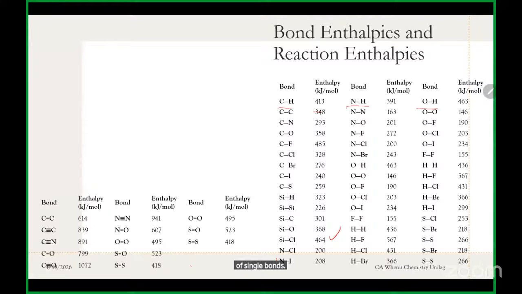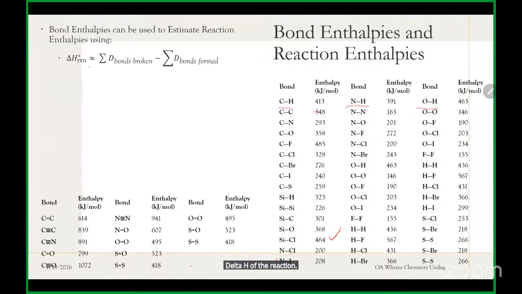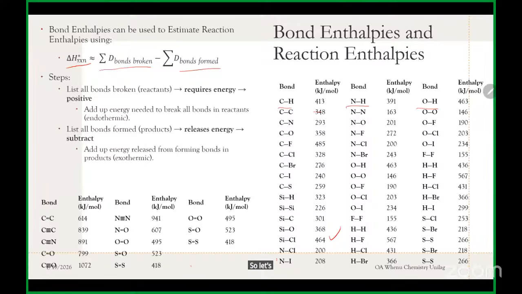How is it related to delta H of a reaction? The delta H of reaction is equal to the summation of the bond dissociation of bonds broken, minus the summation of the bond dissociation of the bonds formed. So let's work an example on that.